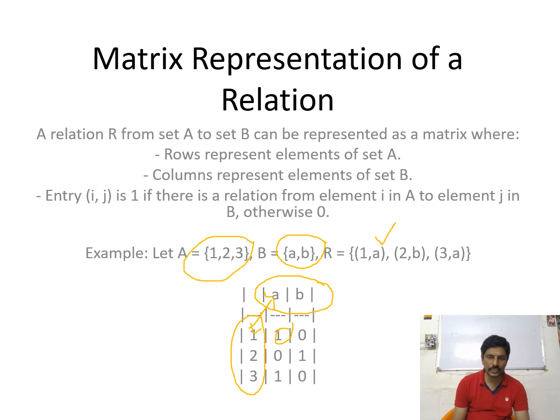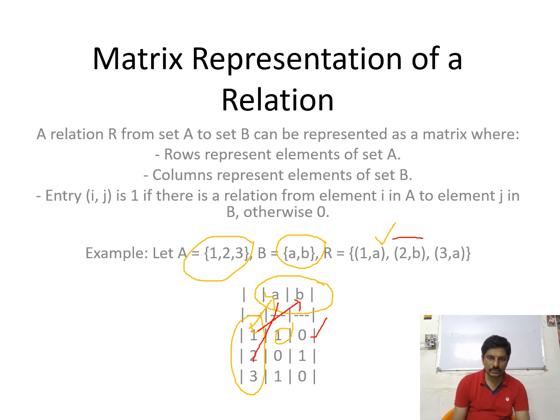And 1 to b is not there in the relation, therefore we kept it as 0. Similarly, 2 to a?